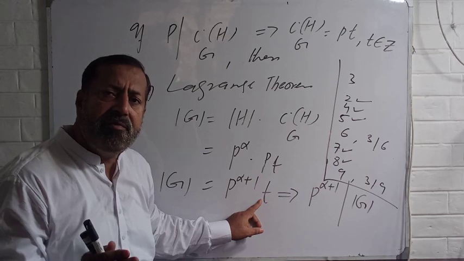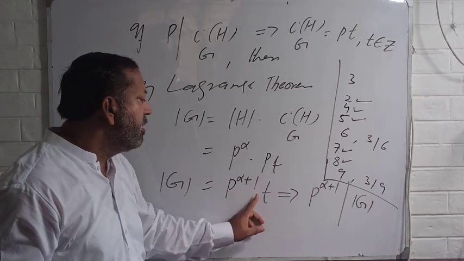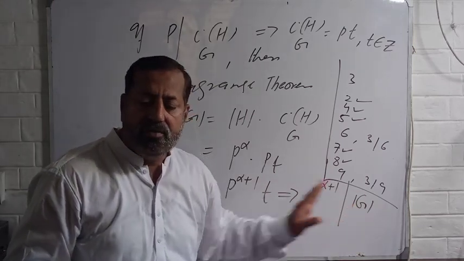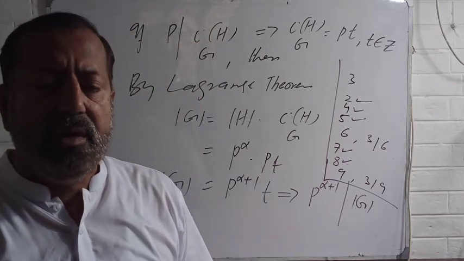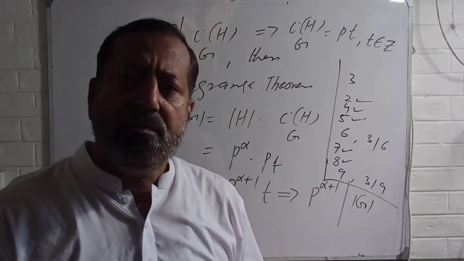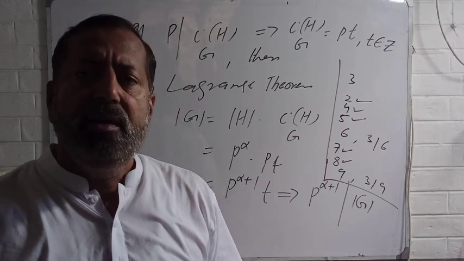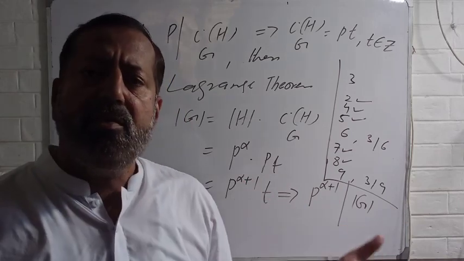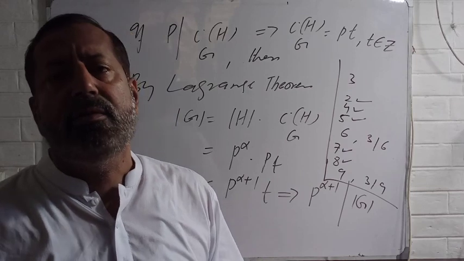Again by definition of divisibility, because n is equal to p power alpha plus 1 times t, this means that p power alpha plus 1 must divide the order of G, right? So you have a contradiction, because we supposed that H was a Sylow-p subgroup with order p power alpha, and if p power alpha plus 1 divides the order of G, then H would not be a Sylow-p subgroup. Hence you have a contradiction.